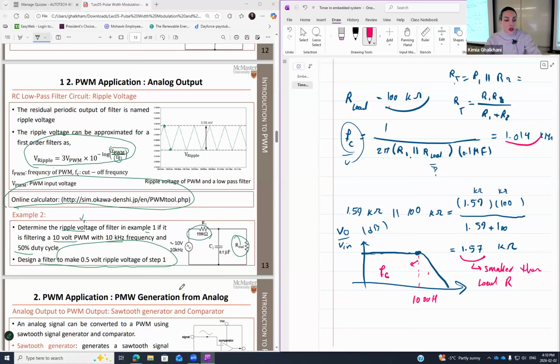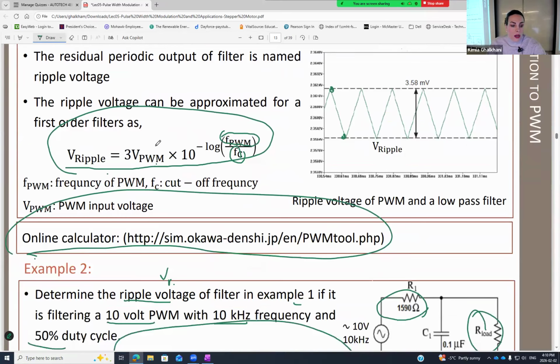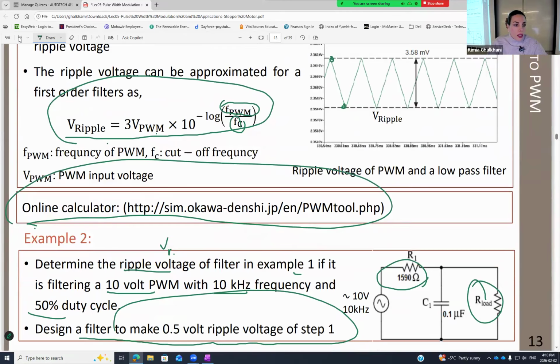Before that, let me quickly show you this calculator. Hopefully I can copy this one.